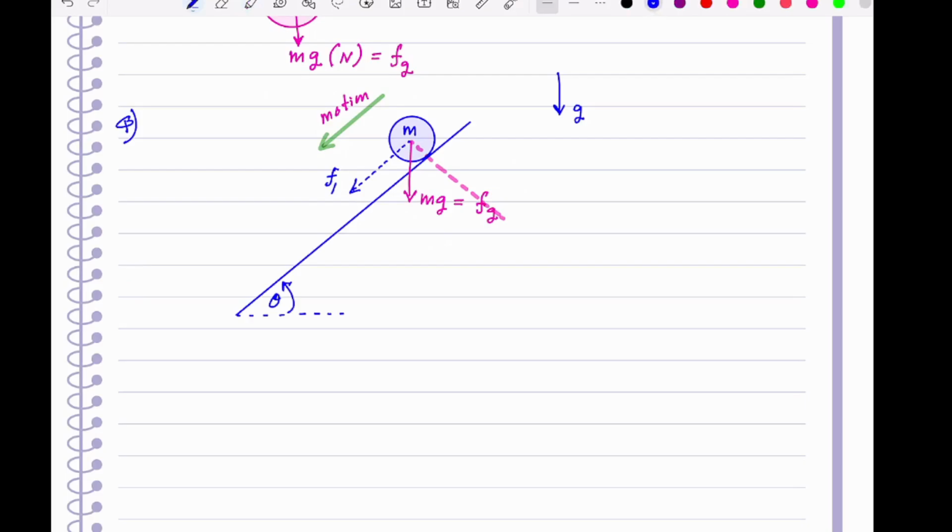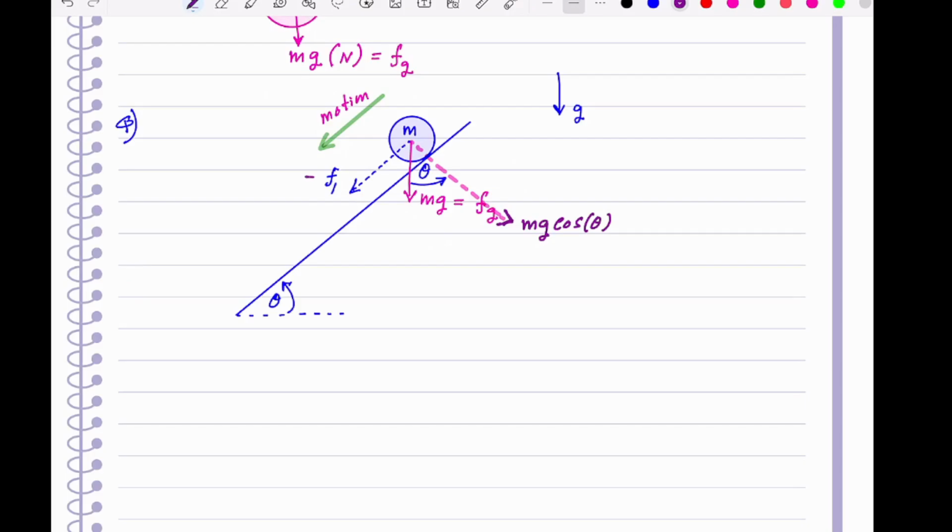So geometrically, this angle is going to be theta. If that is theta, you can say this force to be mg cos theta when you resolve. I told you when you resolve towards the angle, it's cos.